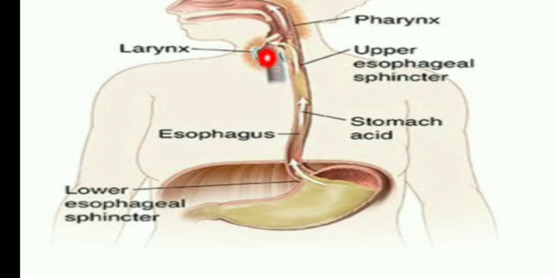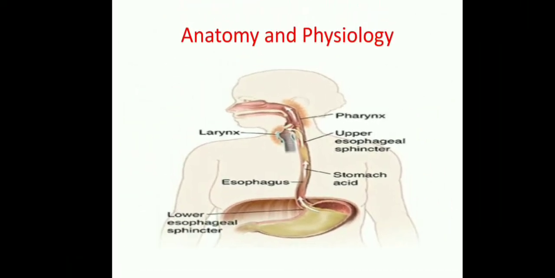The trachea starts from the larynx and finally divides into two, with one bronchus entering the right lung and the other entering the left lung. Okay, this is about the anatomy and physiology of the trachea and then the esophagus. All of you clear?